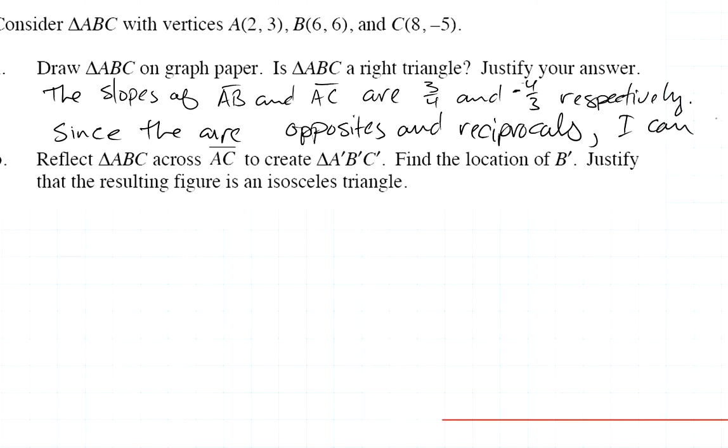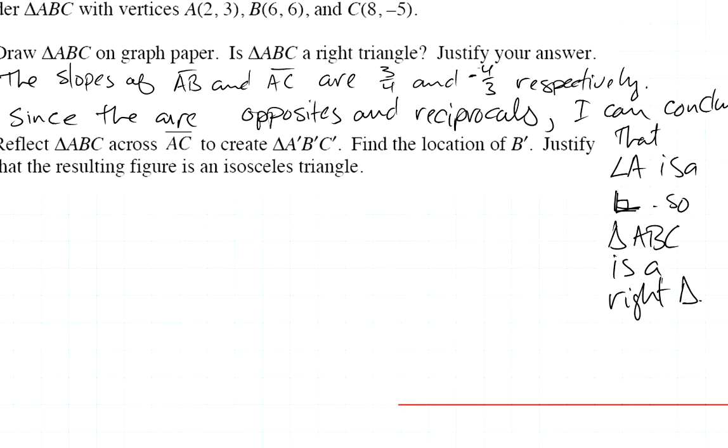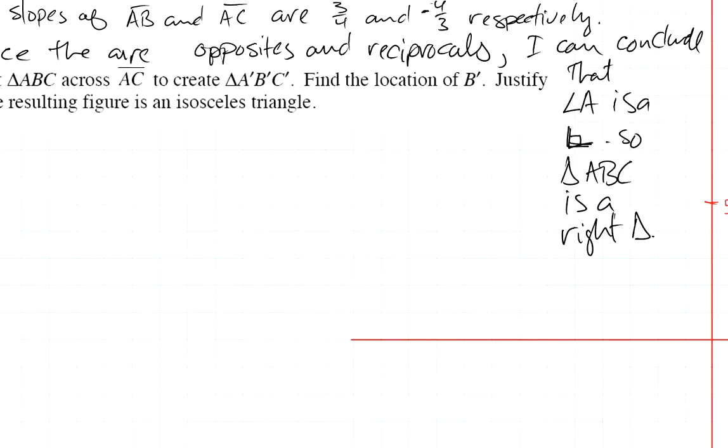I can conclude that angle A is a right angle. So triangle ABC is a right triangle. That's nice. It's so embarrassing when you get the wrong triangle, but I got the right triangle there.